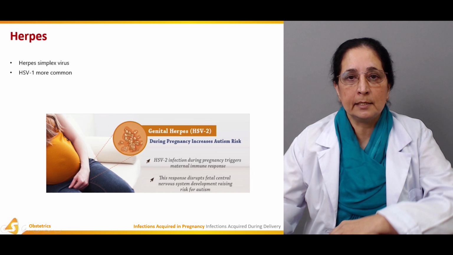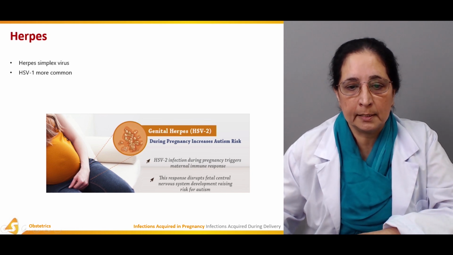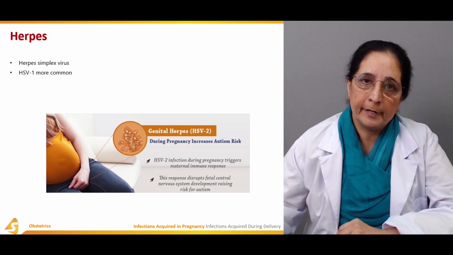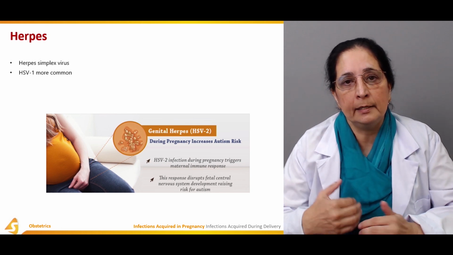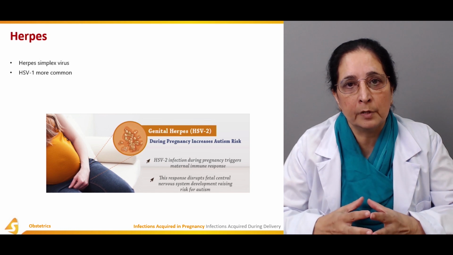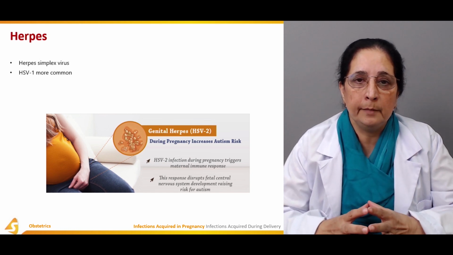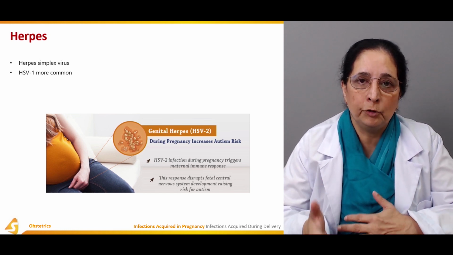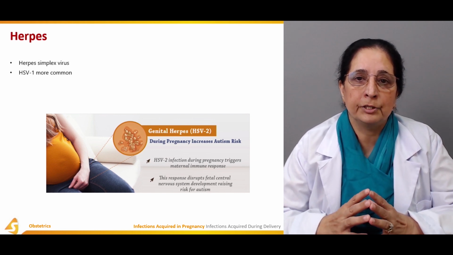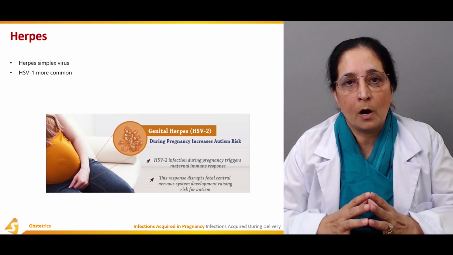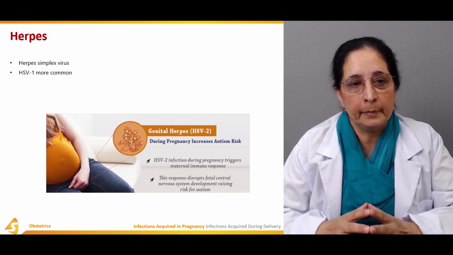This response disrupts fetal central nervous system development, raising the risk for autism. So during the delivery, it increases the maternal immune response, and this maternal immune response can affect the growth of the central nervous system, and there are chances of developing autism in the newborn baby.